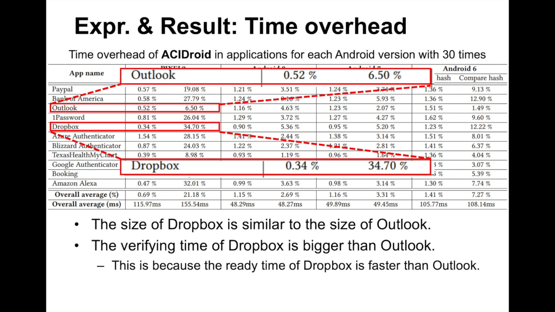The time overhead has a little bit of a wide gap. For example, the verification time overhead of Outlook is lower than the time of Dropbox. This is because the ready time of Dropbox is faster than Outlook. This is also the reason why the hash value registration time overheads of Outlook and Dropbox are very similar.